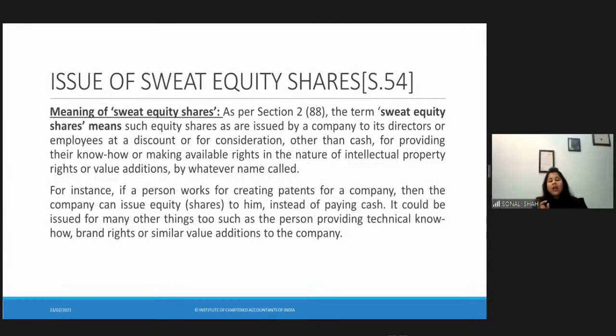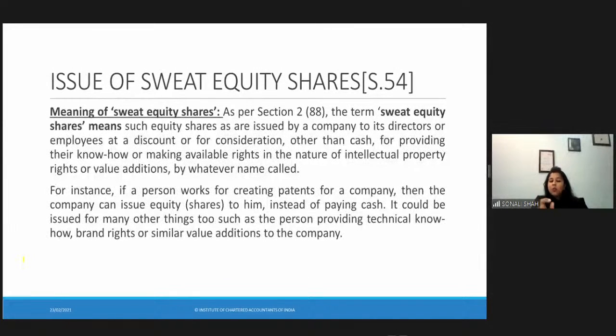And sweat equity shares are the equity shares which are issued to the directors or employees of a company for the effort or the value they bring to the company. So let's look at the definition of the sweat equity shares that has been given.